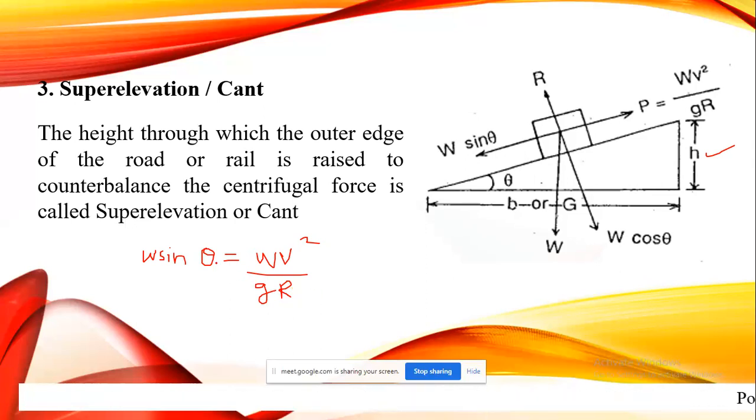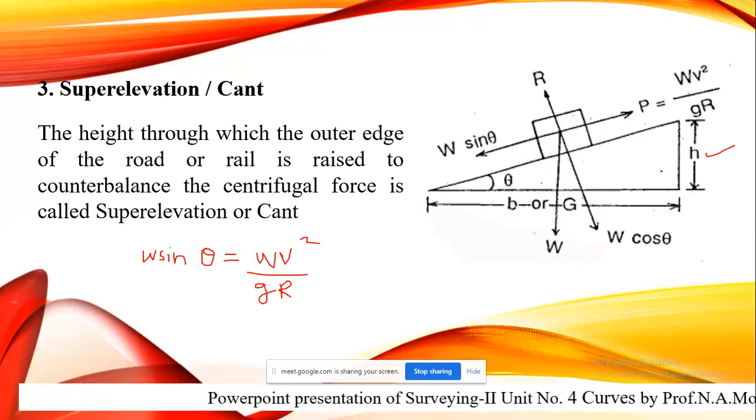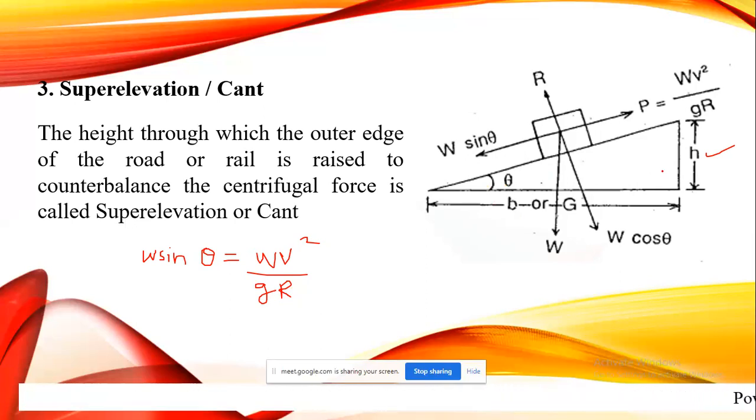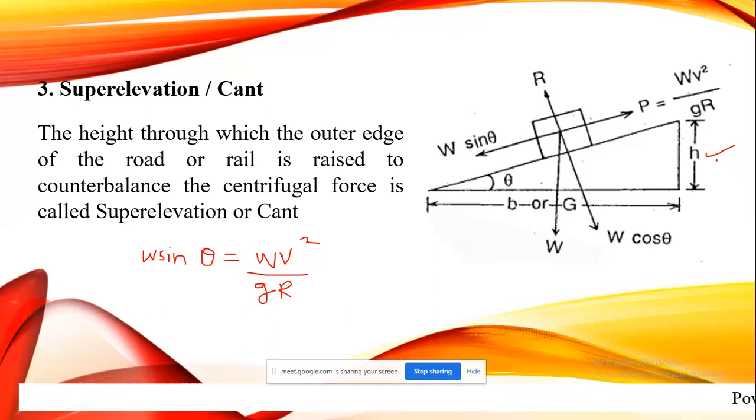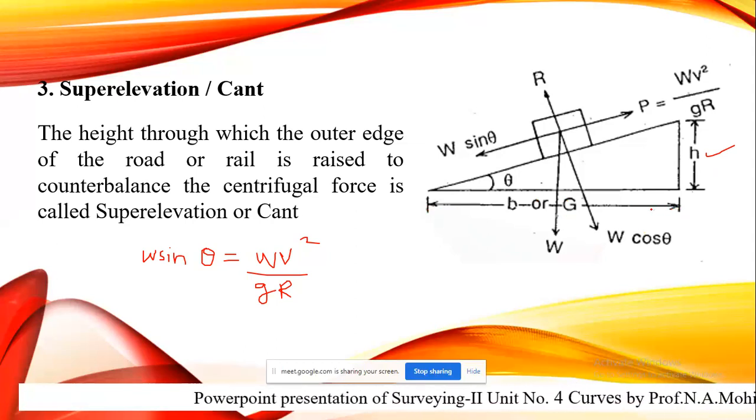This theta is very small. Correspondingly, we require sin theta in terms of H, so we take it equal to tan theta, and we measure it with respect to the width or gauge of the road or railway track.